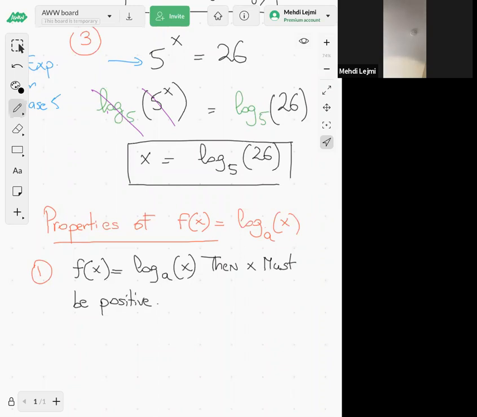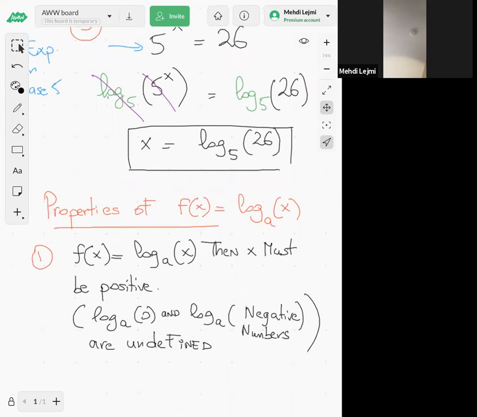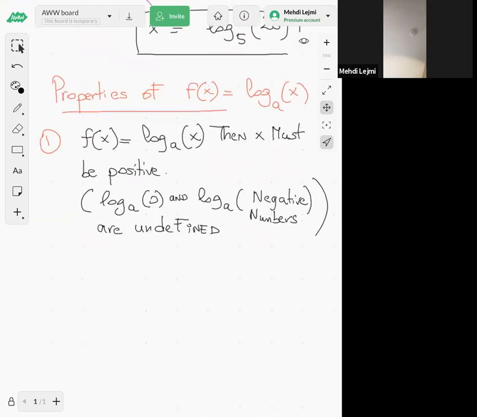So log in base a of 0 or of negative numbers is undefined. We have to keep in mind that log is only defined for positive numbers.